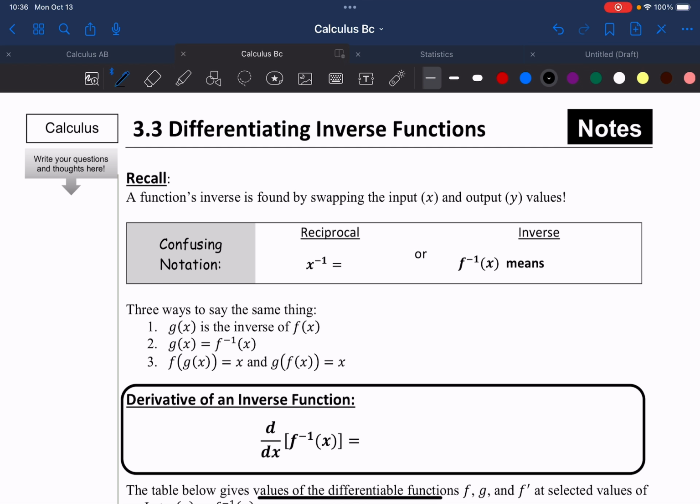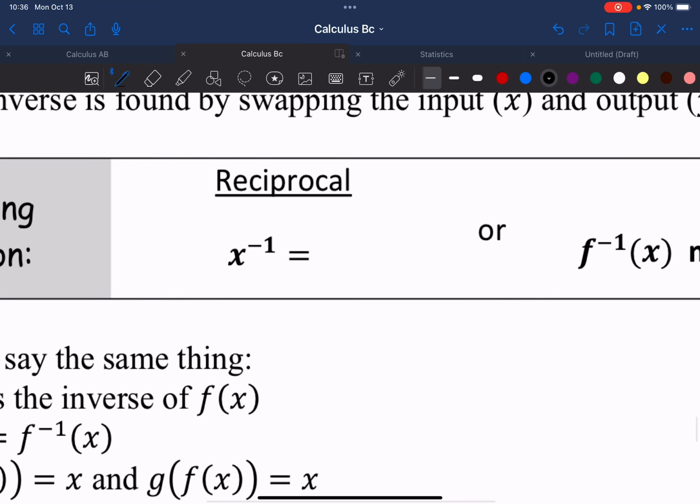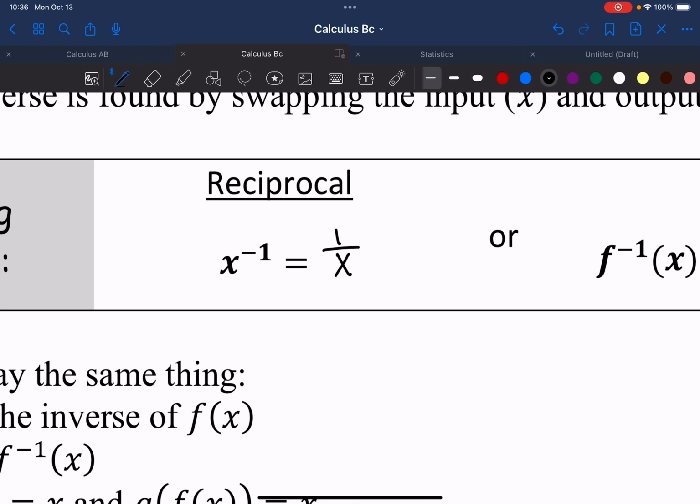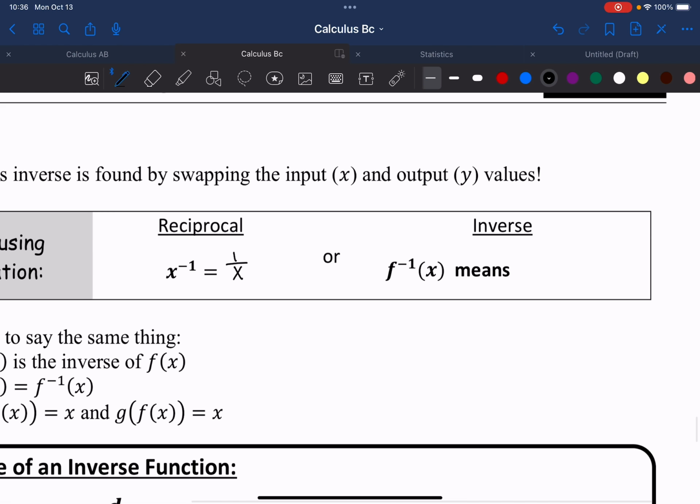The notation may be a little confusing because we know that x to the negative 1 power is the same as saying 1 over x, but f to the negative 1 power of x does not mean 1 over f. Instead, this means that wherever our x and y values are originally, we are going to flip them when we find the inverse.